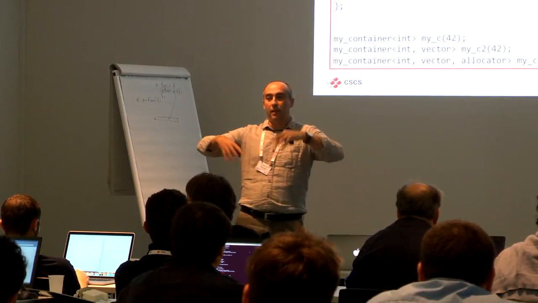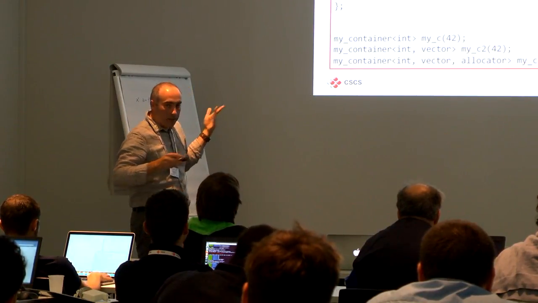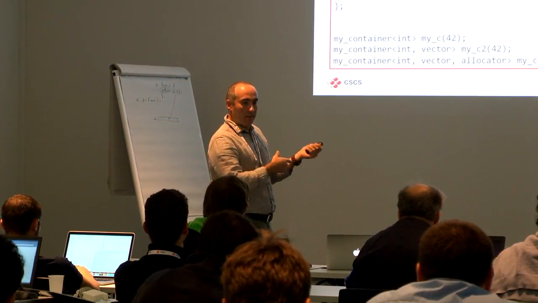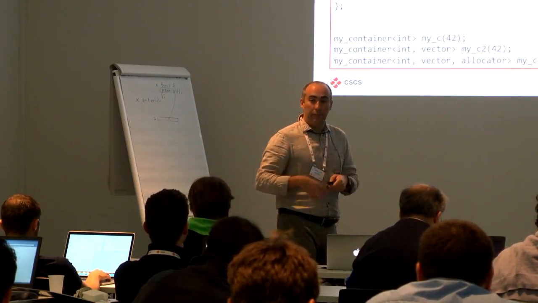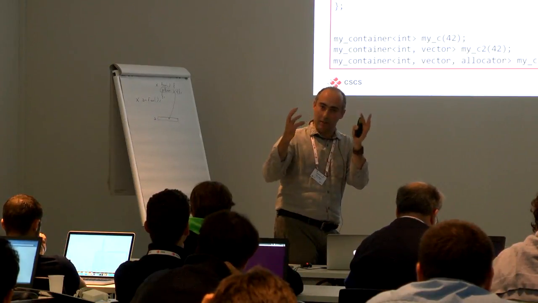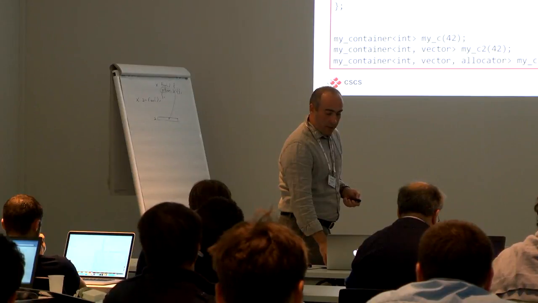But you can create a layer on top, right? Now you don't have a vector, you have my container, and then you can do even more things that the vector doesn't allow you. And you can give to your user, whoever the user is, maybe yourself, a better looking API for writing your programs.